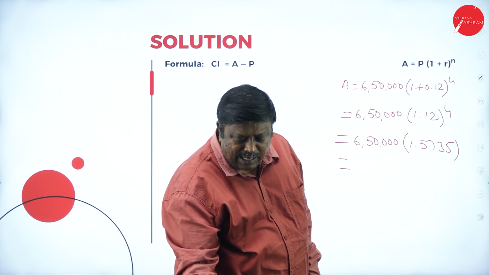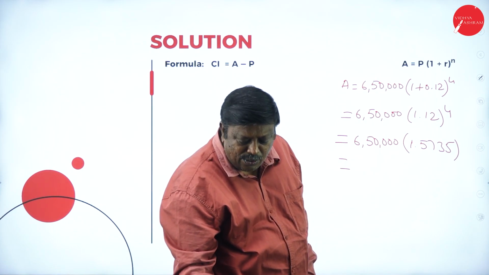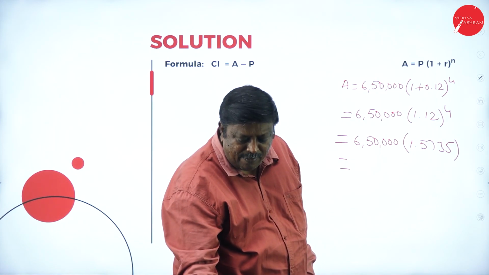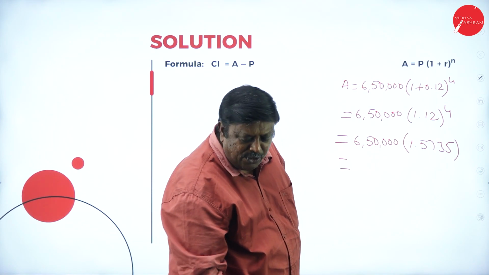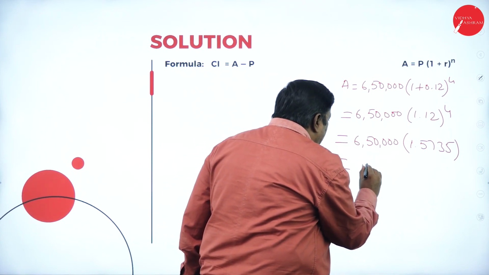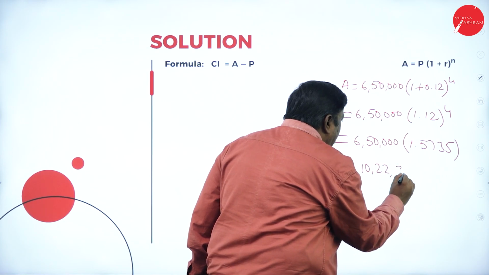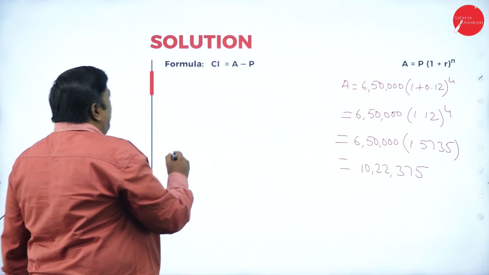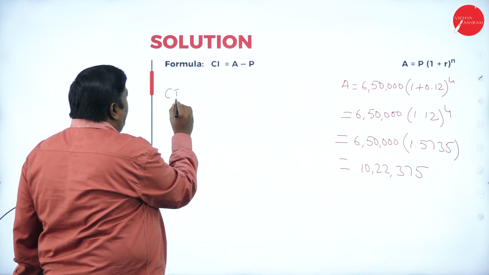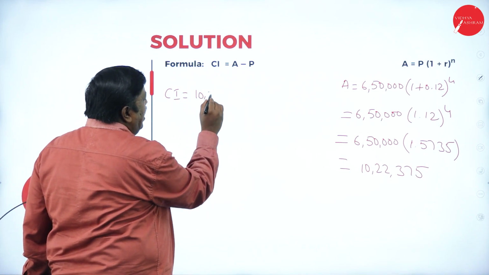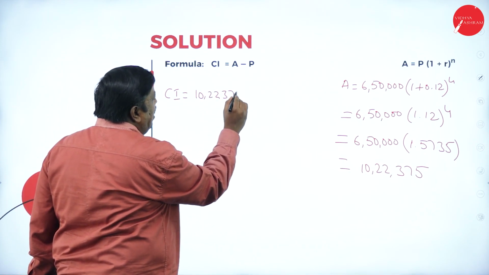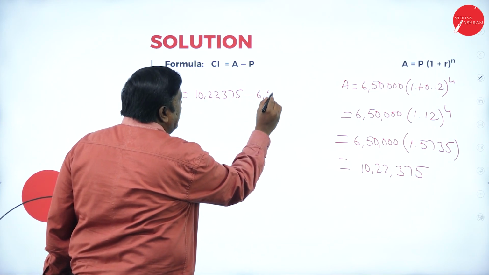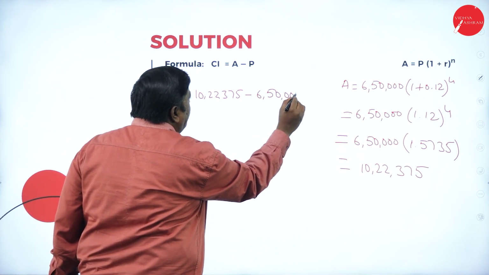6,50,000 into 1.5735. So the amount will be 10,22,375. My compound interest will be 10,22,375 minus 6,50,000.